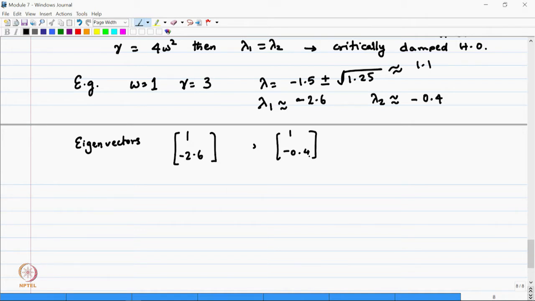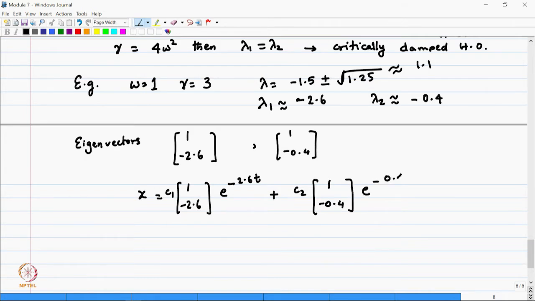So, in this case your solution has the form x equal to C 1 [1, minus 2.6] e to the minus 2.6 t plus C 2 [1, minus 0.4] e to the minus 0.4 t. That is what your solution looks like.